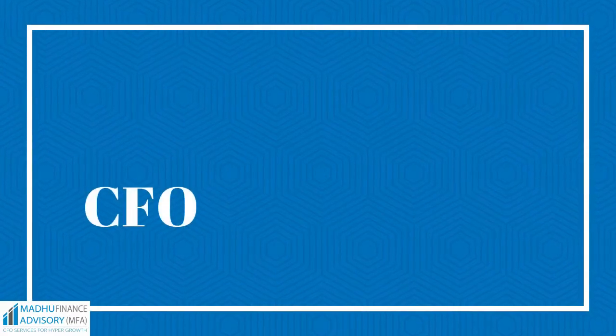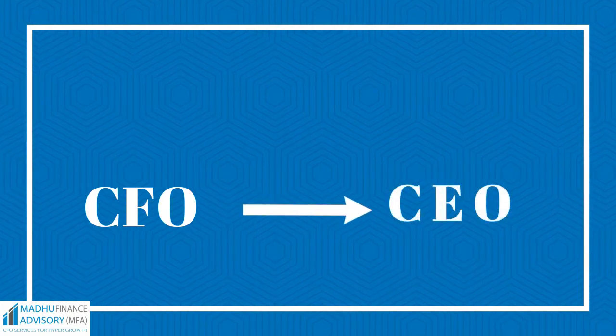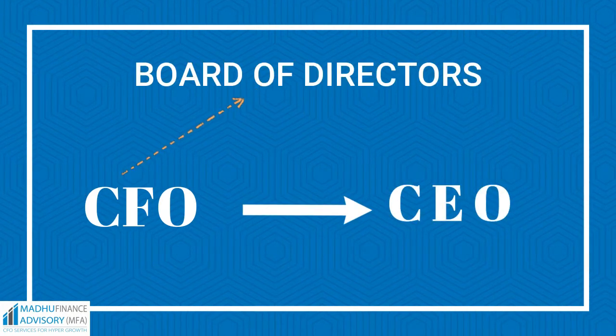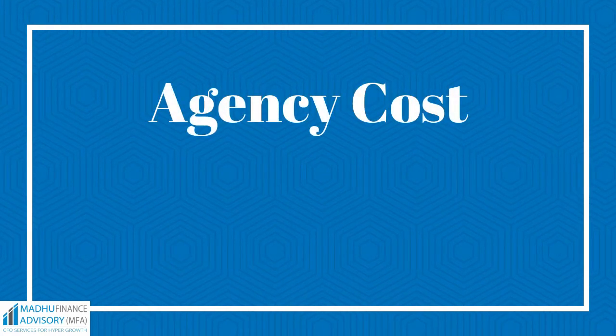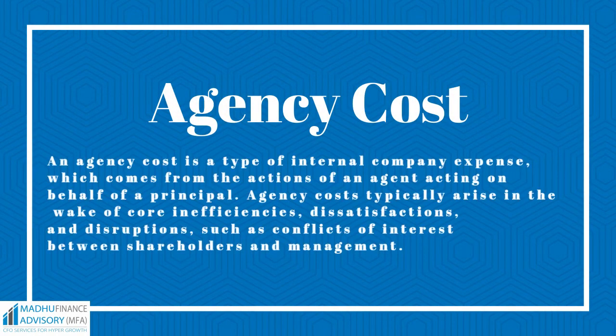To begin with, let's see who the CFO reports to. The CFO often reports to the CEO, but they also have to report to the board of directors, at least on a dotted line basis, to reduce the agency cost. What are agency costs? That is the cost that the management might not work in the best interest of the shareholders or the owners of the company.